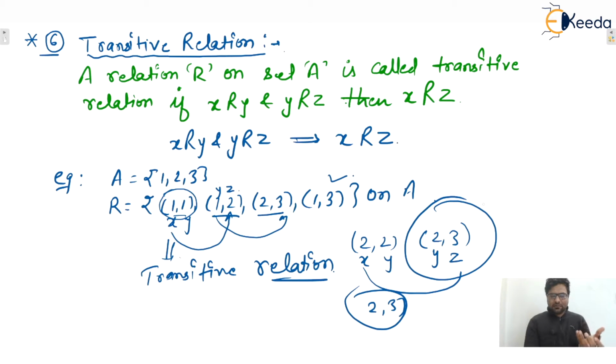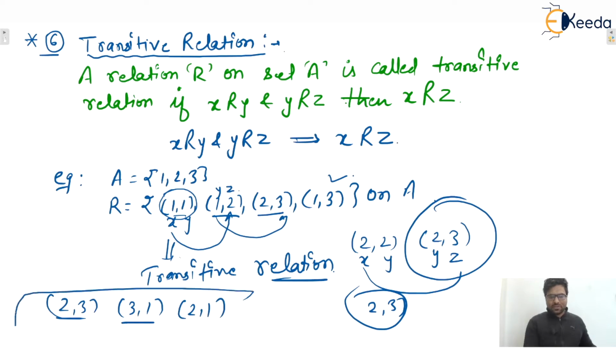Let's say (1,2) and (2,3), then (1,3) must be present. If (2,3) and (3,1) are present, then because of transitivity, (2,1) must also be present. Isn't it? I hope this one is clear to everyone.